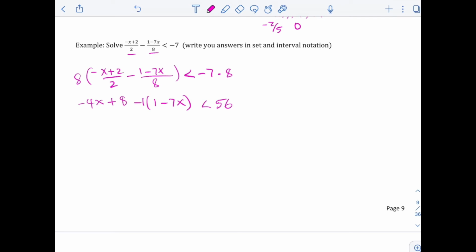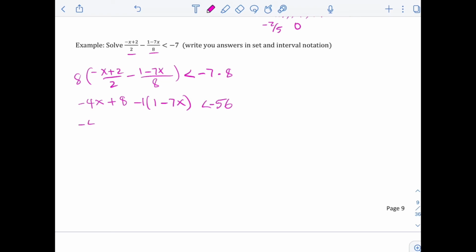So we're going to continue with distributing. We're going to distribute the negative 1 in the parenthesis. But we need a negative here, so that's negative.